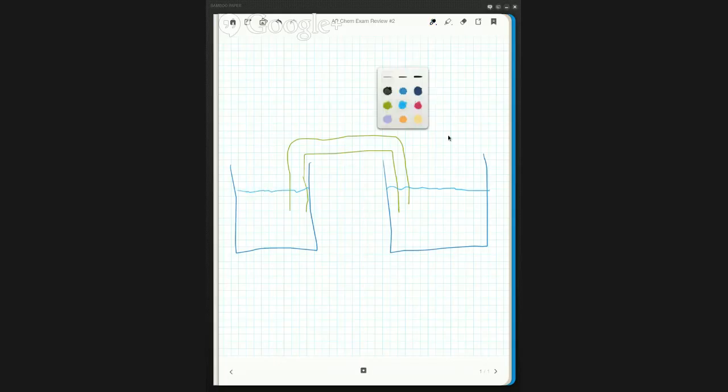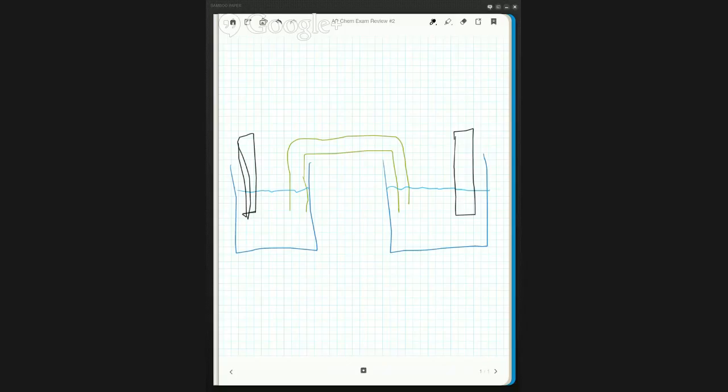We have some electrodes. I should just call them electrodes, because the anode will probably be put over here. It's too bad I'm not an artist, right? Let me pick a good cell, something that's pretty common.